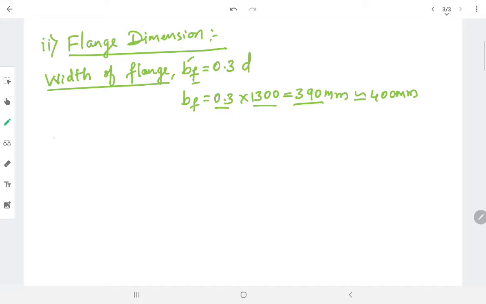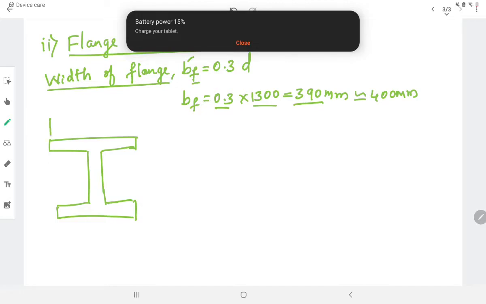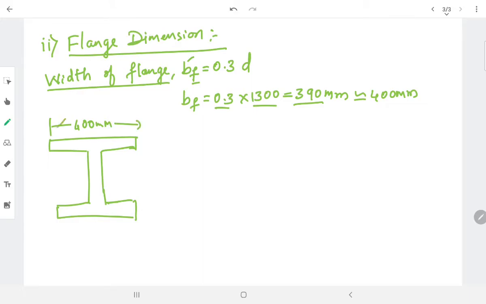So let's draw this one. In the plate girder, this is the cross section of the plate girder. Here width of the flange is this one, so it will be 400, and thickness of the web, this one, is 15 mm.